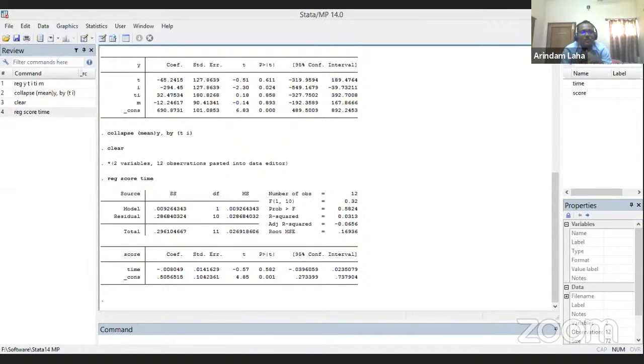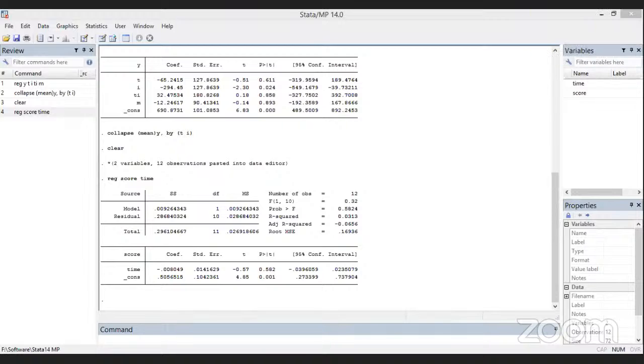So in this way, if you have a repeated cross section, then it is only possible. Otherwise, it is very difficult to employ structural break. I have collected only this data. So this is my comment.